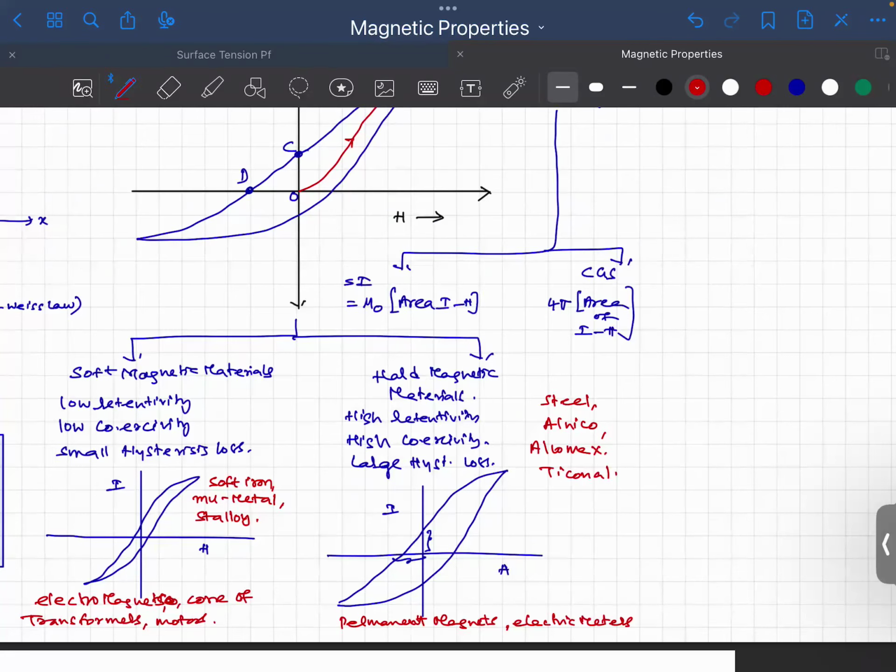Opposite direction. For example, if the field is from left to right in a solenoid, you change the direction of the current, and the direction of the field inside the solenoid will now become right to left. What is repeated in the upward part is repeated here.